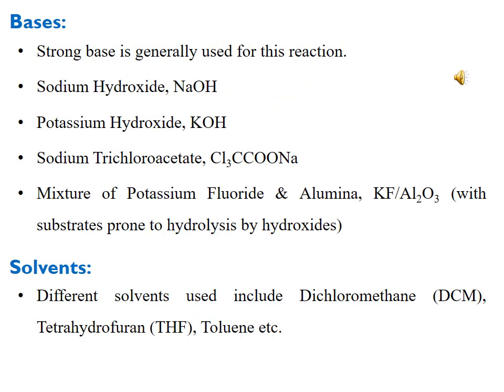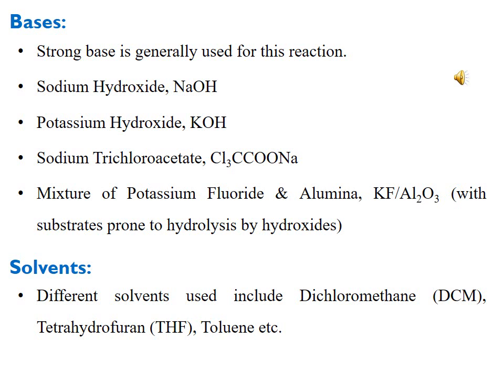The different bases used in the first step include strong bases like sodium hydroxide, potassium hydroxide, or sodium trichloroacetate. But the most recent discovery in this regard is the use of a mixture of potassium fluoride and alumina.